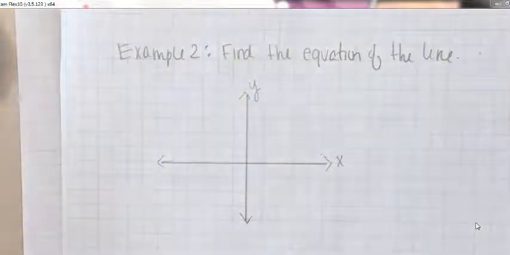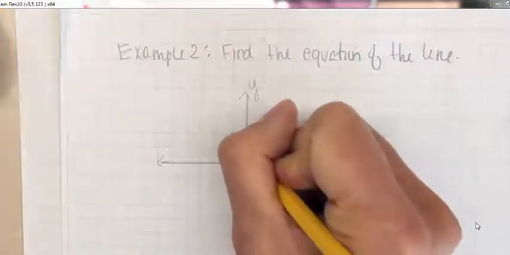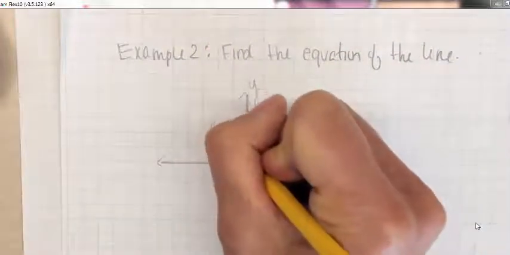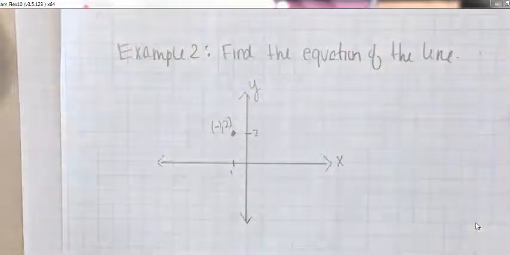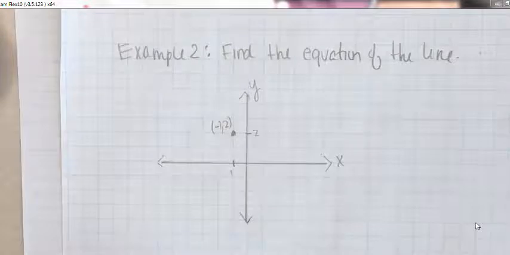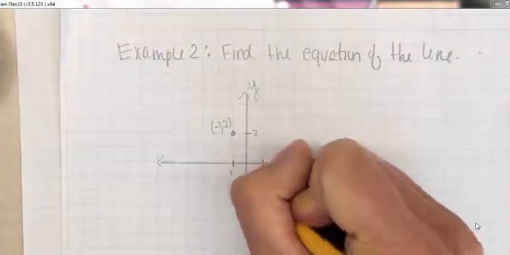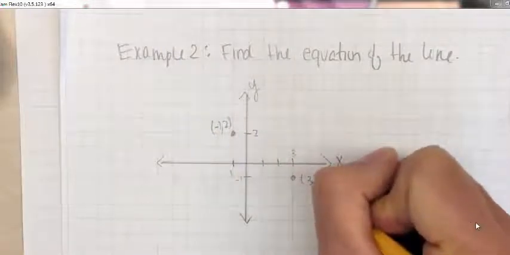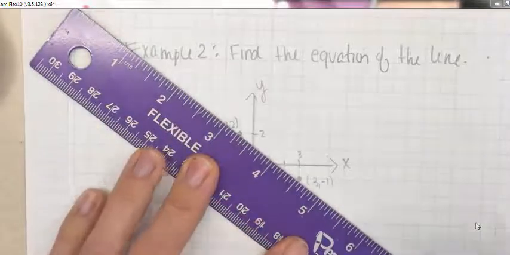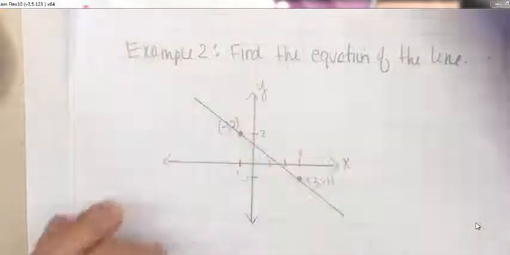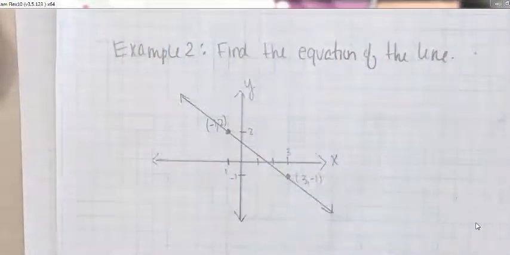This line has the point negative 1, 2, and the other point on it that will be given is 3, negative 1.